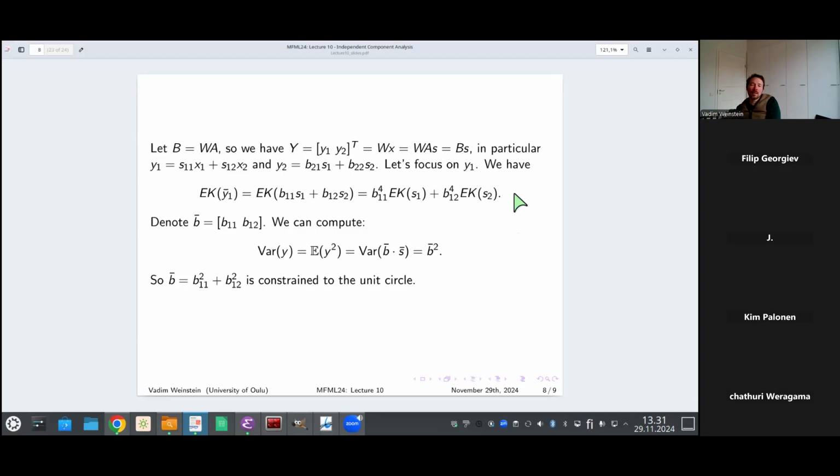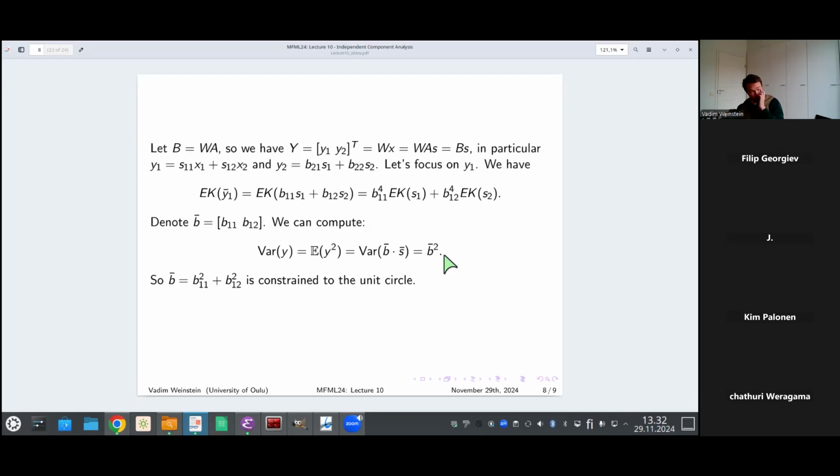And then we see that the variance of Y1, I'm sorry, again, this is Y1, the variance of Y1 is equal to B squared.